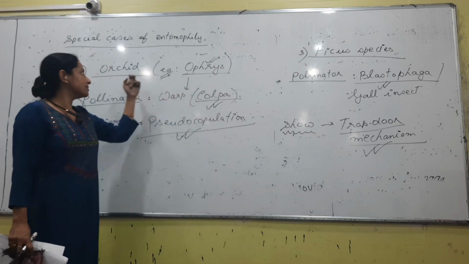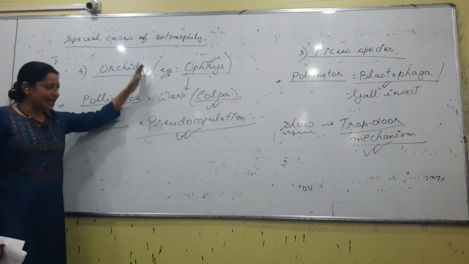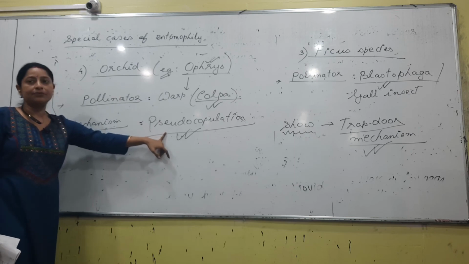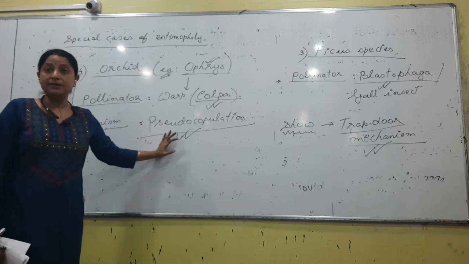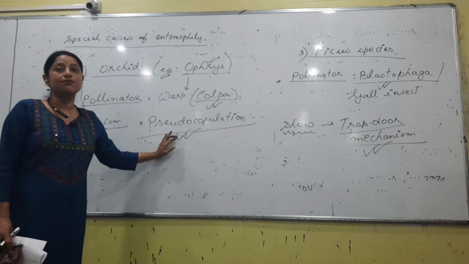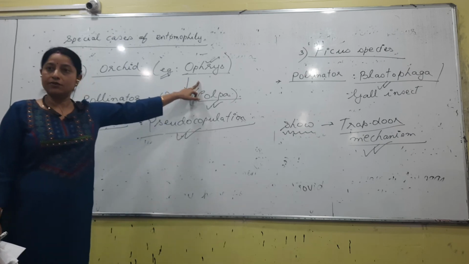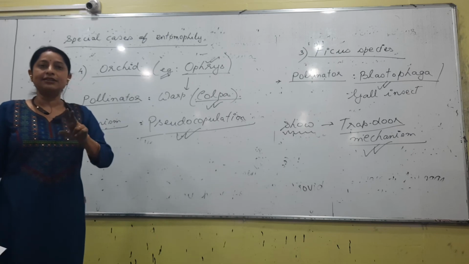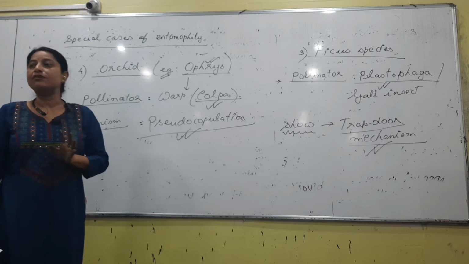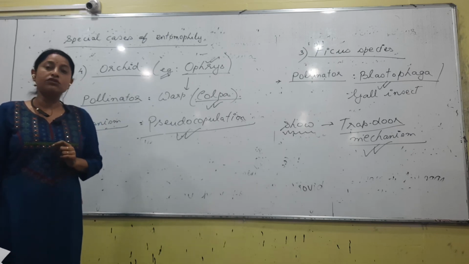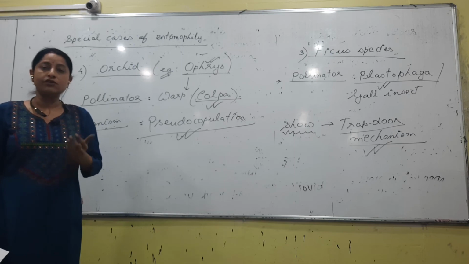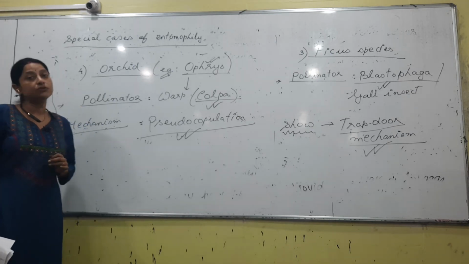What is Ophrys? An orchid, and their mechanism is called pseudocopulation. So the question might be: pseudocopulation is seen in which case, and the option could be orchid or Ophrys, right? But the Ophrys-Colpa relation is an example of pseudocopulation. What is pseudocopulation? False copulation or false mating, that is what is called pseudocopulation.